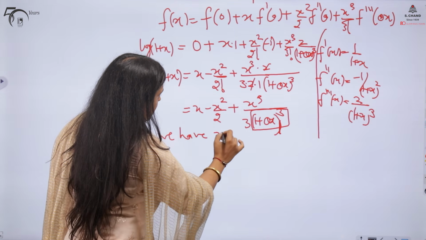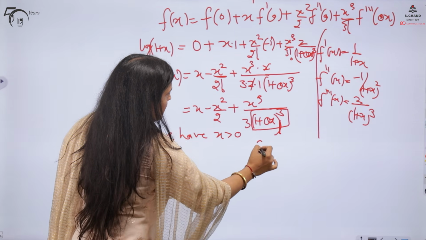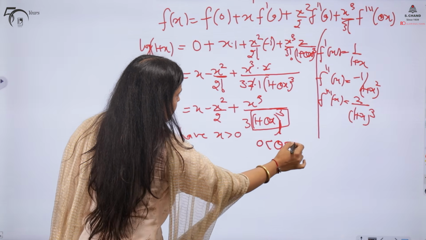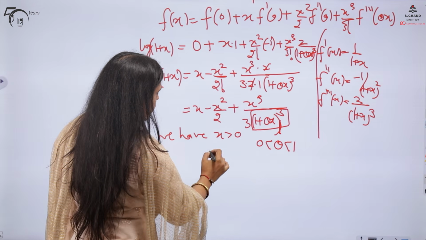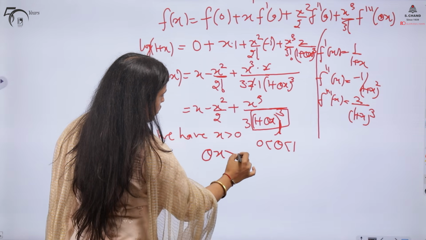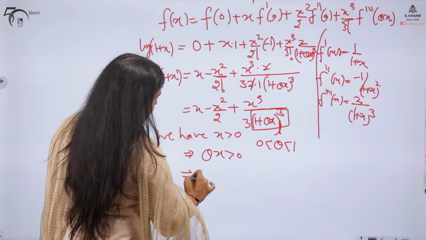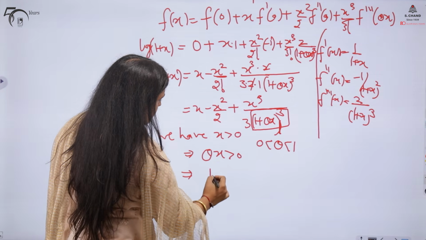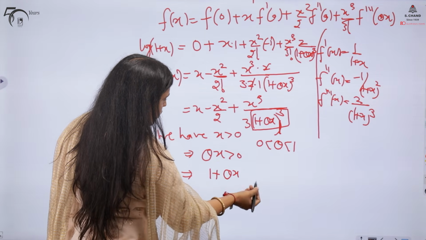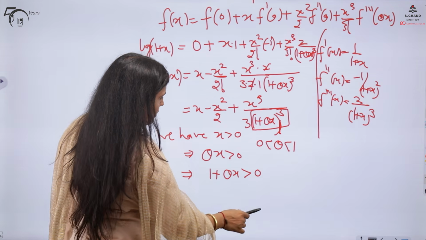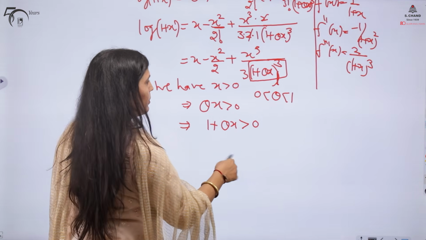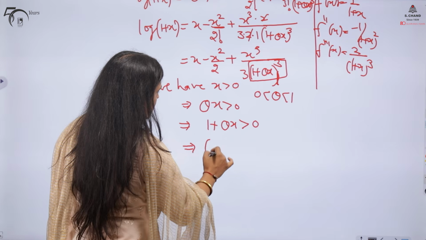So, we have x greater than 0 and theta is lying between 0 and 1. So, it means theta is also greater than 0. It means theta x is greater than 0. Both numbers are positive, so the multiplication will also be positive. Then, according to this expression, 1 plus theta x, obviously you are adding 1 only, so this will again be positive. Then, if a number is positive, whole cube will also be positive.